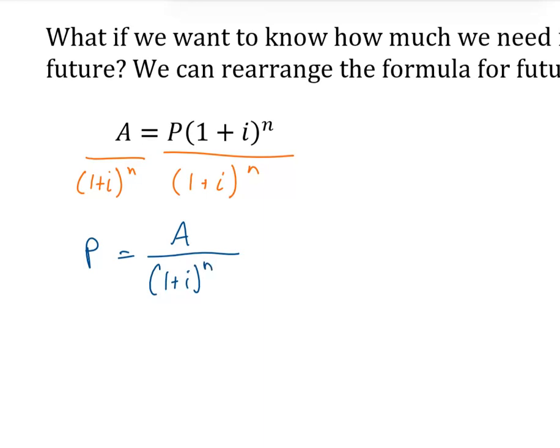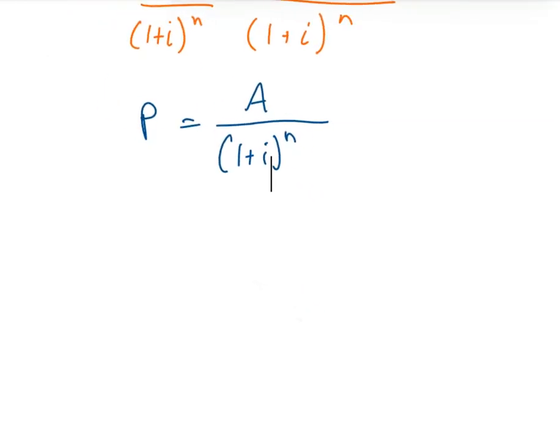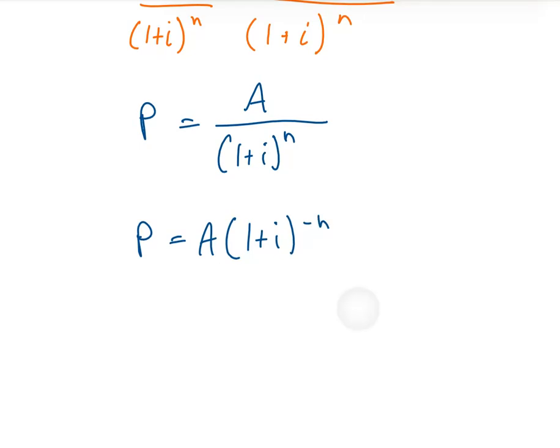In a way, this is already a formula, but we can simplify it a little bit with some of the stuff that we learned a couple of units ago, by saying that this thing in the denominator with an exponent, I can bring it up and make it a negative exponent.